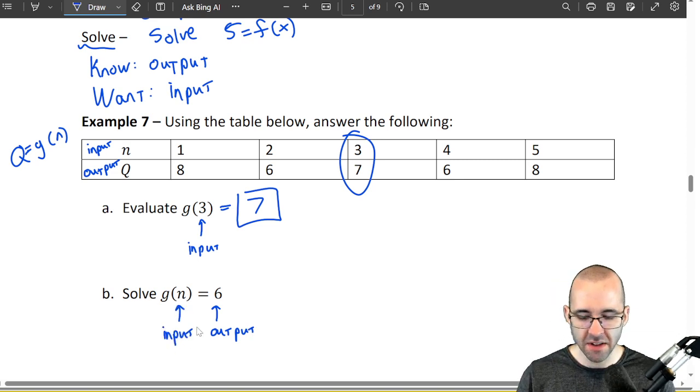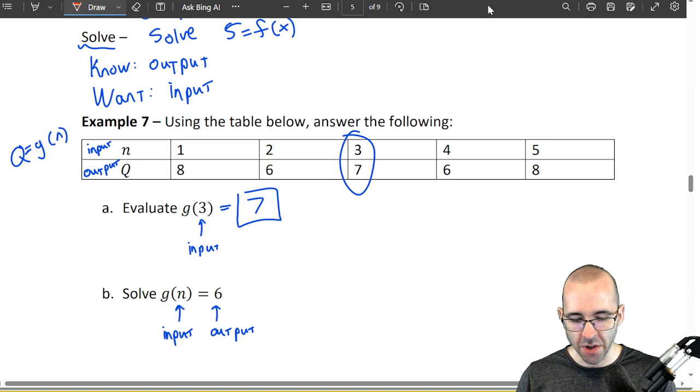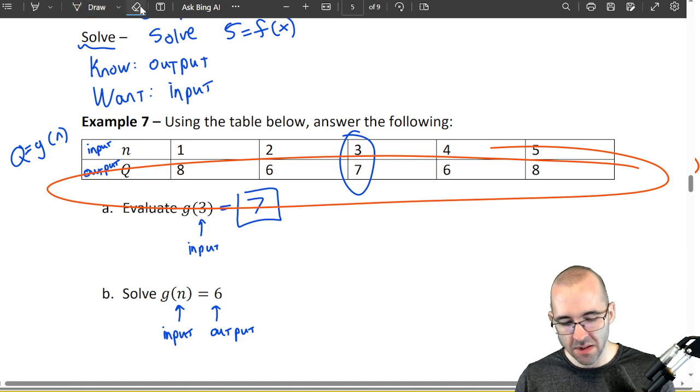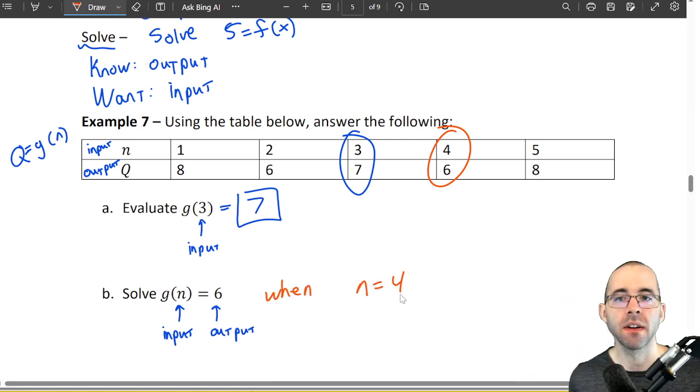What kind of input gives us an output of that? All right, well, you could just say, let's look at the outputs and find when one of them is 6. And say, okay, it's 6 when n is equal to 4.